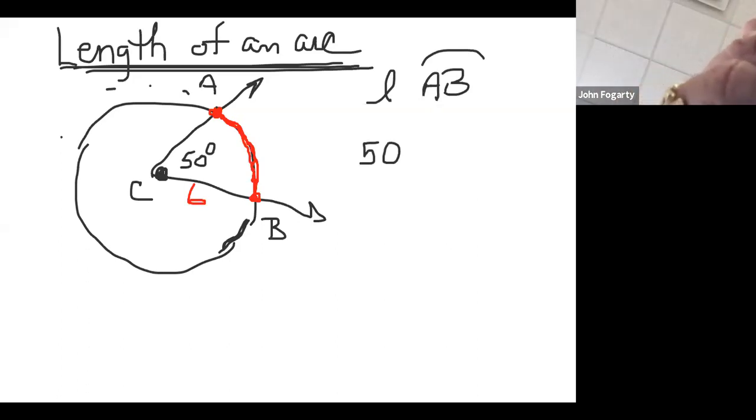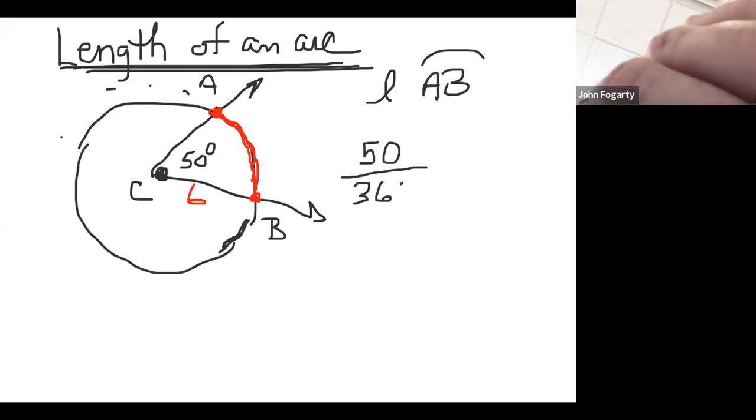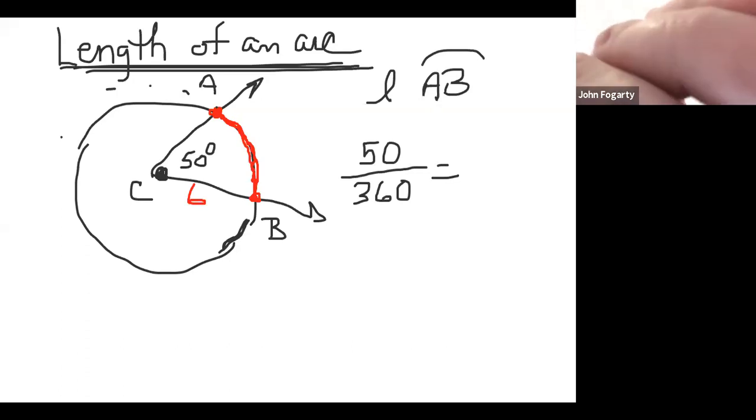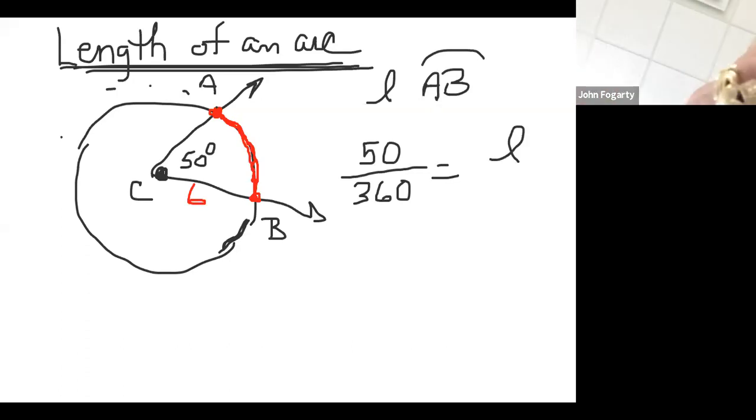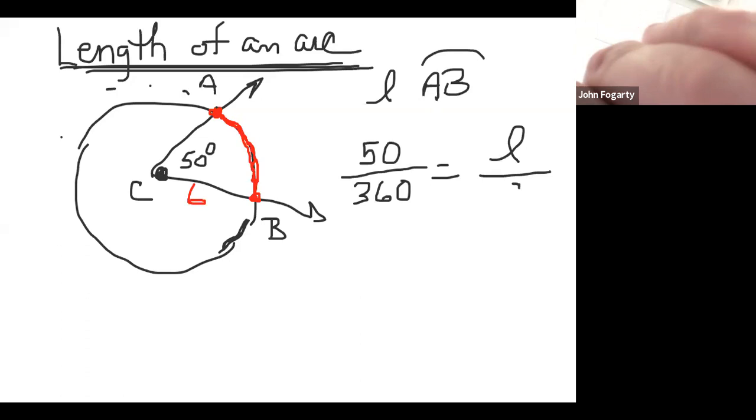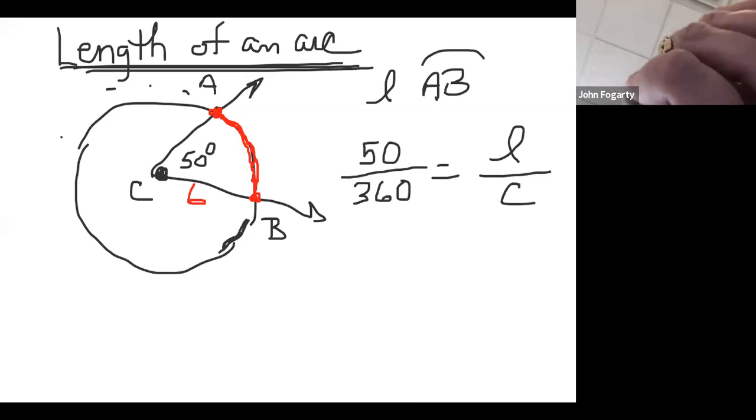Whatever the arc measure is out of the full circle is equal to the length of the arc out of the circumference. The measure is 50 degrees, my central angle's 50.